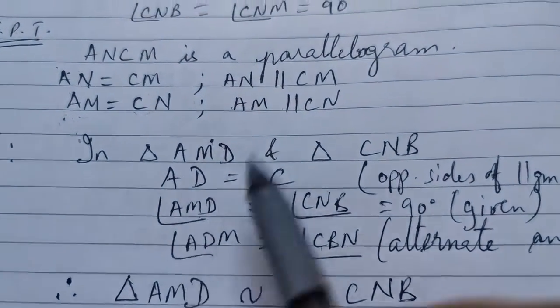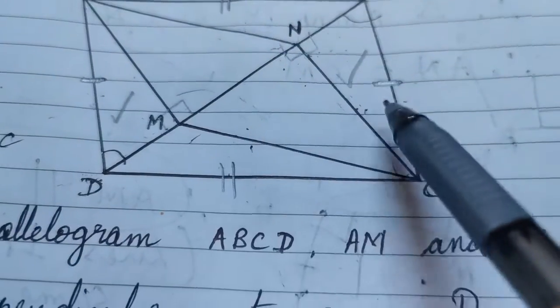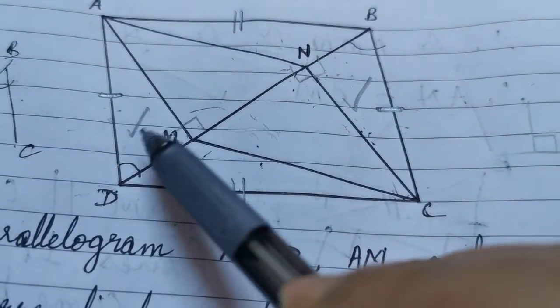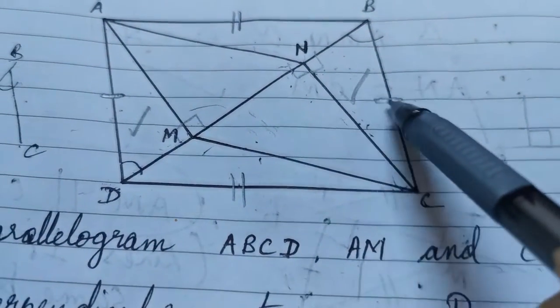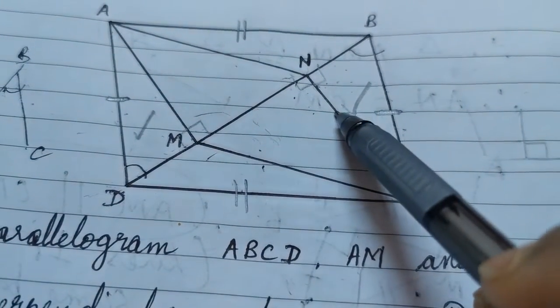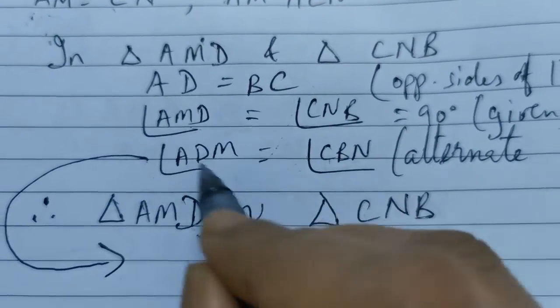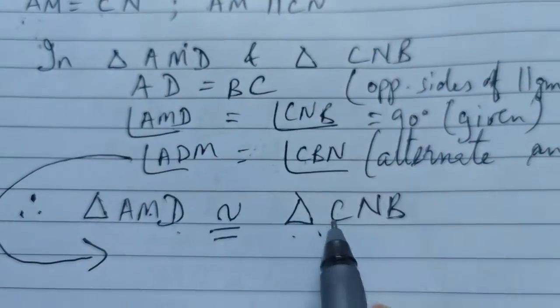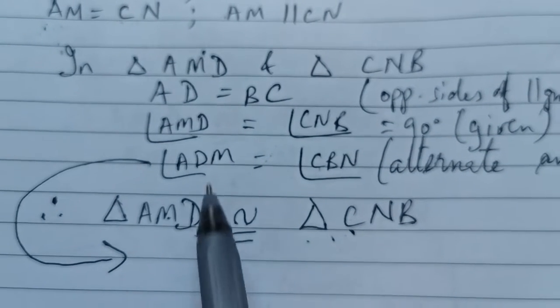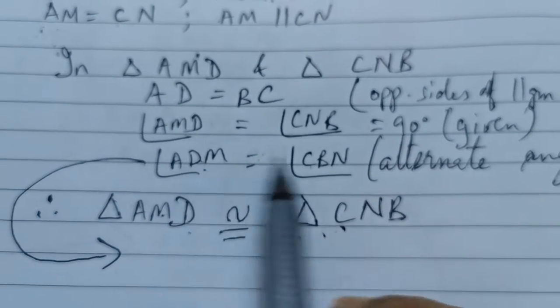Now, let's see where AM and CN come. AM is here, CN is here. So, AM is opposite to ADM and CN is opposite to CBN. So, they are sides opposite to this pair of angles. When the triangles are congruent, the sides opposite to equal angles are equal.